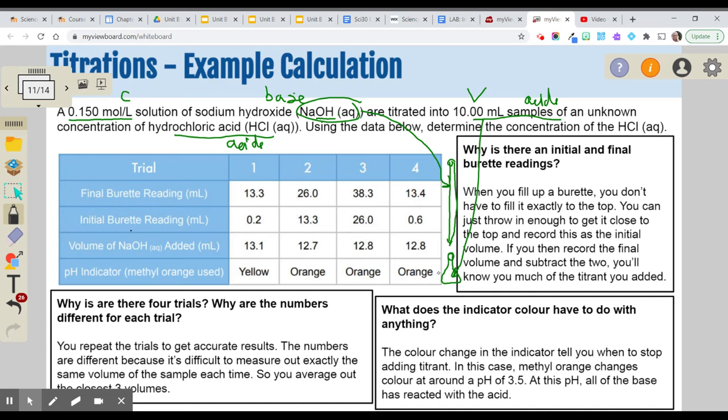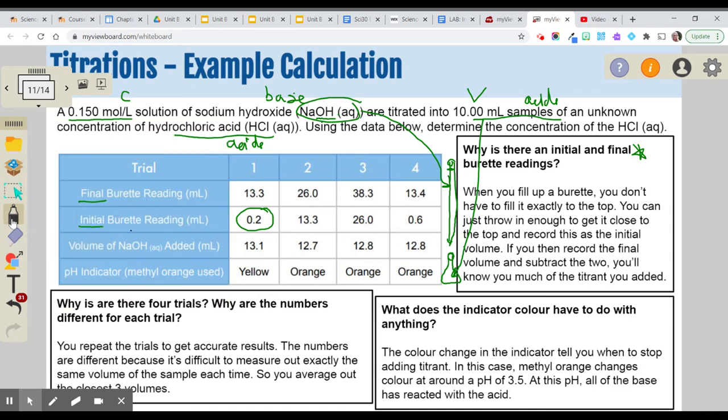So when you start, let's look here. First off, the question is, why are there initial and final burette readings? When you start a titration experiment, before you start adding volume from this burette into your sample, you need to figure out where you're starting at. I'm going to do this in another color.